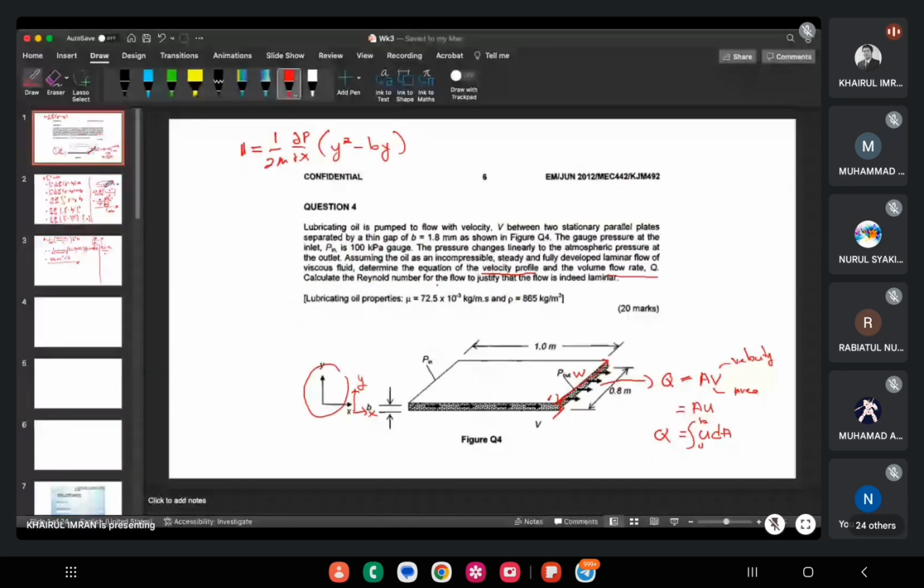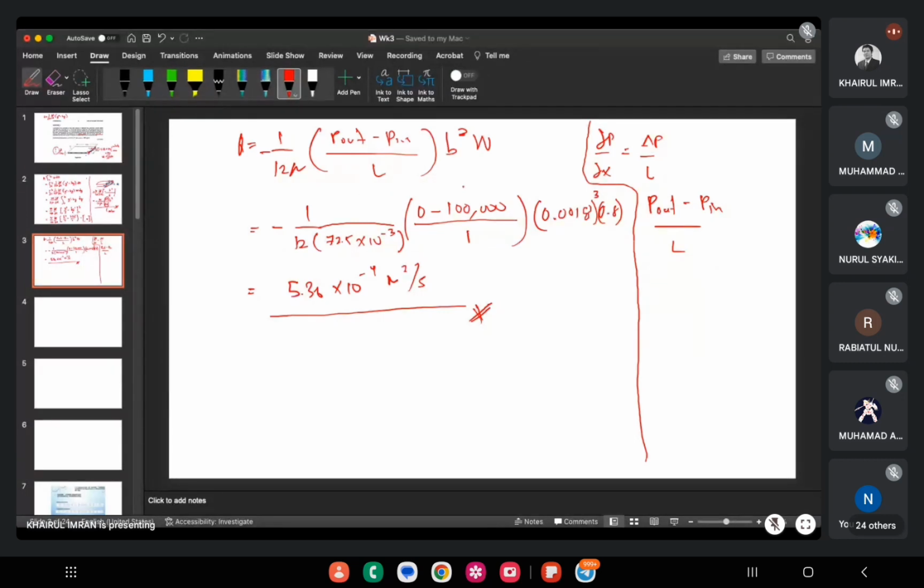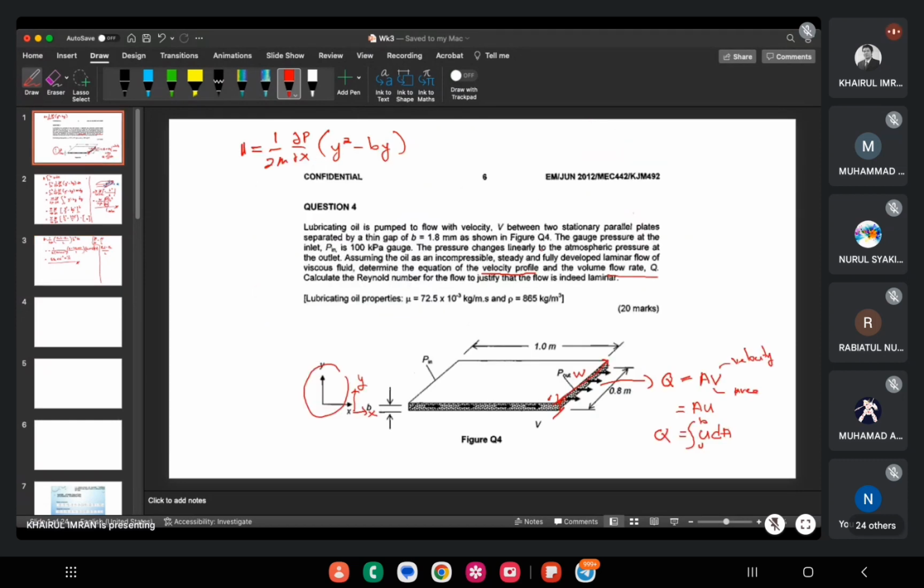Let's see. Determine the equation of velocity profile and the volume flow rate. For the volume flow rate case, it definitely requires this answer, which is the expression. Even if you put out this term it also becomes an expression, also an answer. But please point out that this is your answer for this question, because they want the equation.